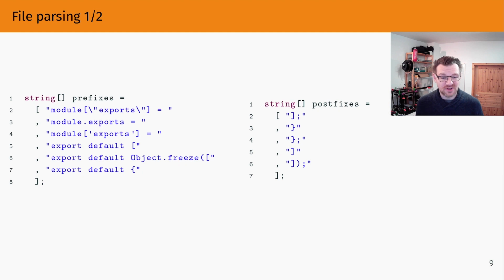For whatever object freeze does, I'm not really sure, but probably something similar to const or immutable in D, but probably a lot less nice. And then also, as JavaScript doesn't necessarily require a semicolon to finish a declaration, you can find the different versions of square and curly braces and also parentheses with or without semicolons.